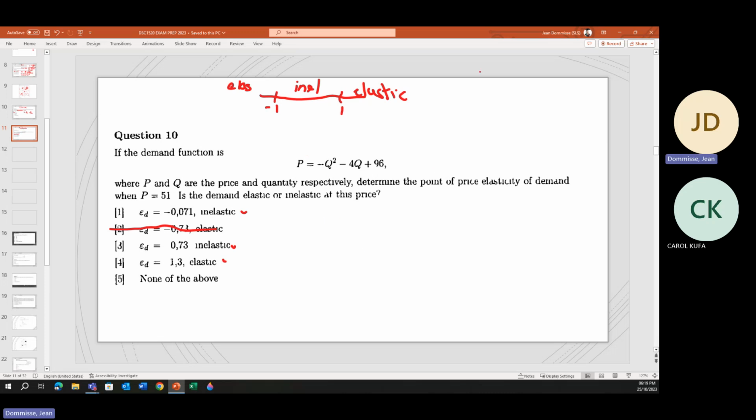First let's look at what the formula is. So elasticity of demand again, but now it's a quadratic function, so it's non-linear. Remember, if it's non-linear, we need to look at the elasticity of a non-linear function.